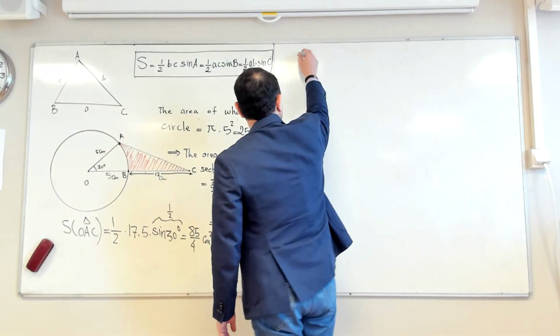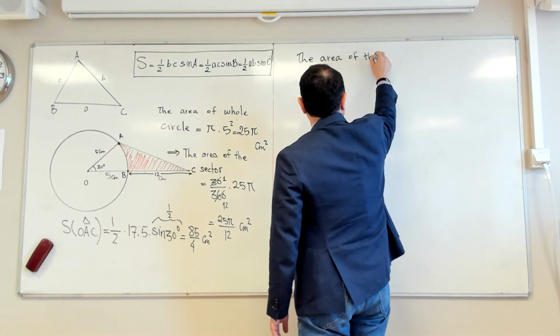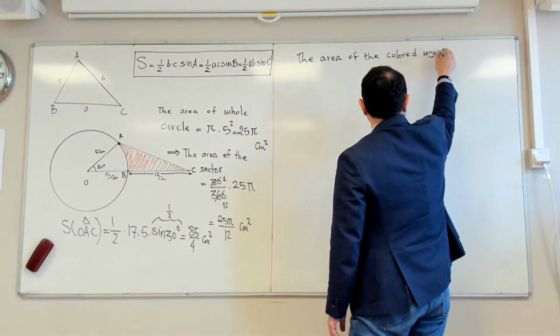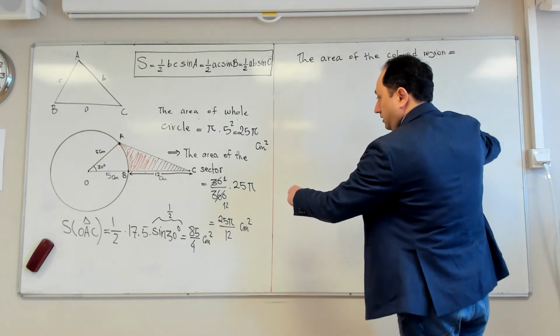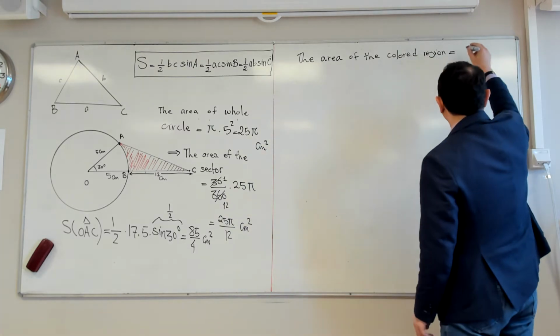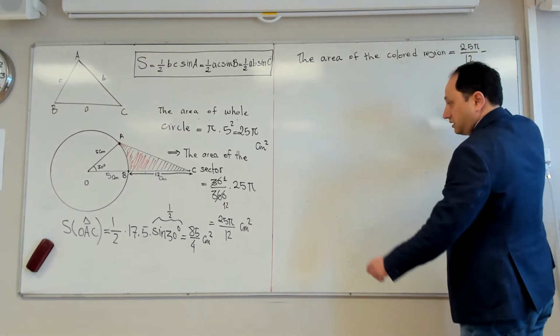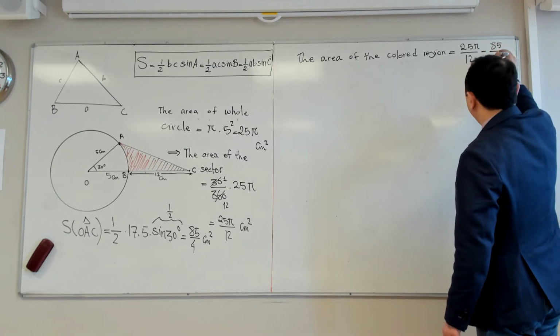And as you said, we subtract these two values to get the area of the red part, yes? So the area of the colored region is equal to the bigger one, which was, what was that? 25 pi over 12 minus 85 over 4.